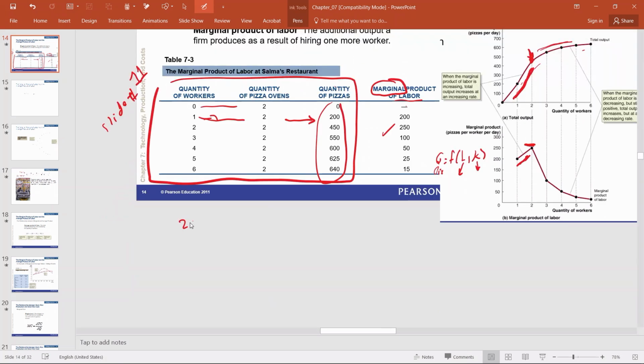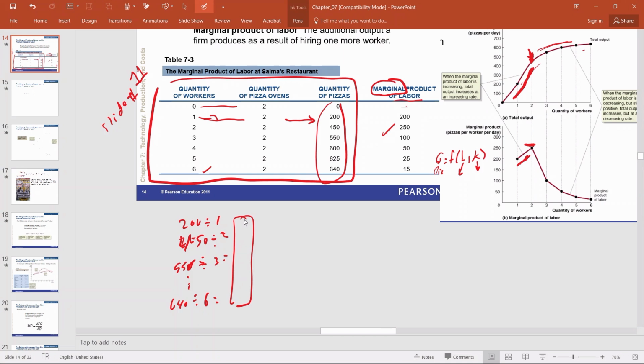So divide 200 by 1, 450 by 2, 550 by 3, and you will continue until 640 divided by 6.